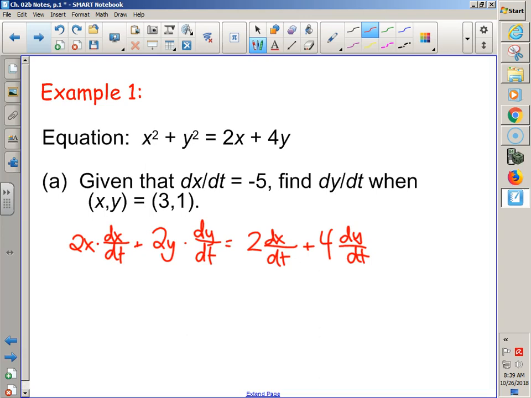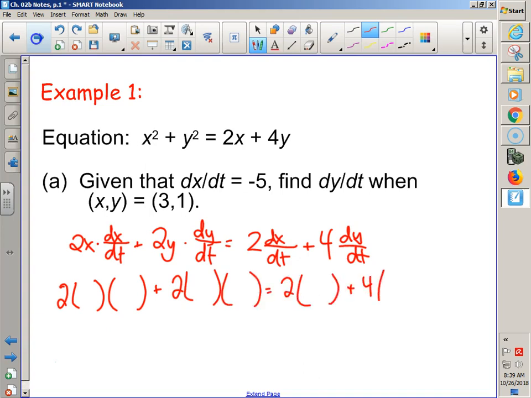Do I have enough clues? Yeah. Or, worst comes to worst, plug in what you know, and then see what you're missing. The dx dt's become -5. dy dt's? Oh, I don't know them. Okay. Oh.